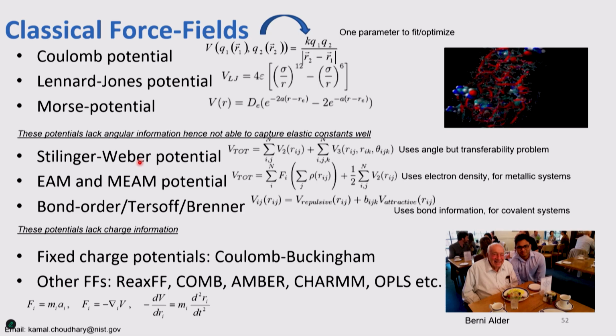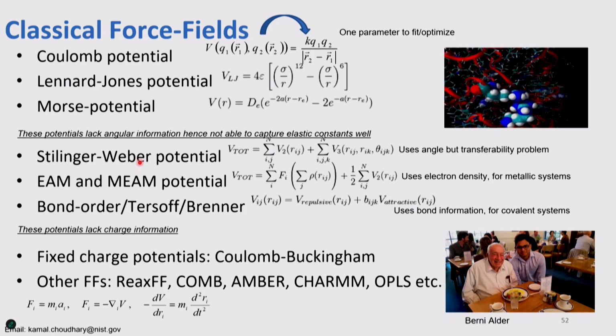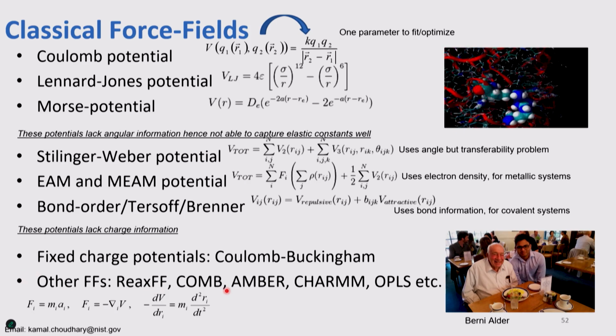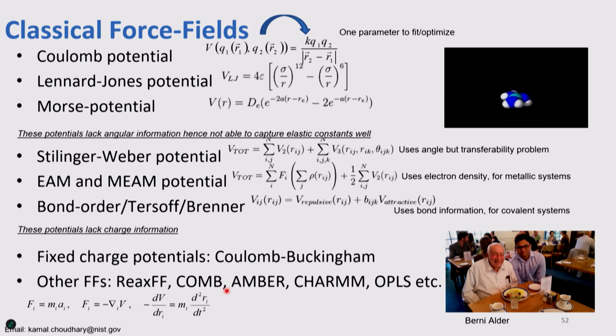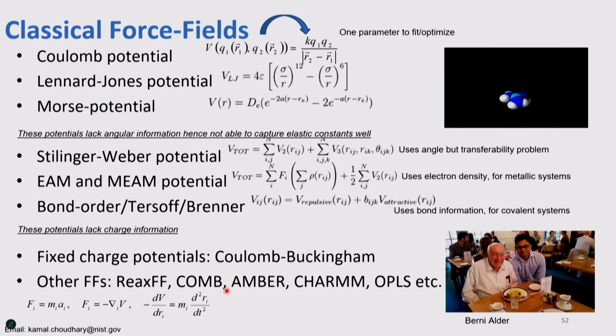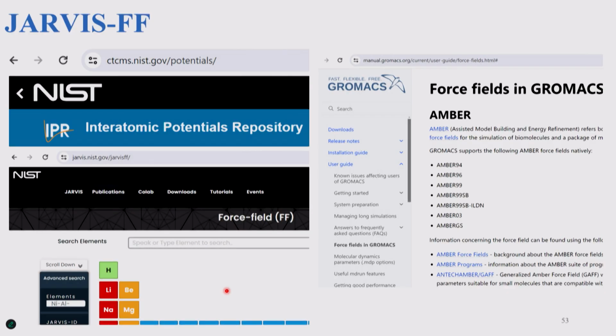Then there is Stillinger-Weber, I think EAM, bond order, and these potentials lack charge information. So, we have fixed-charge potentials like Coulomb-Buckingham, and other force fields like ReaxFF and COMB, which have variable charge. Again, not just charges, you might have magnetic moment, which is also important, spin-orbit coupling and so on. So, these kinds of force fields can be more and more sophisticated.